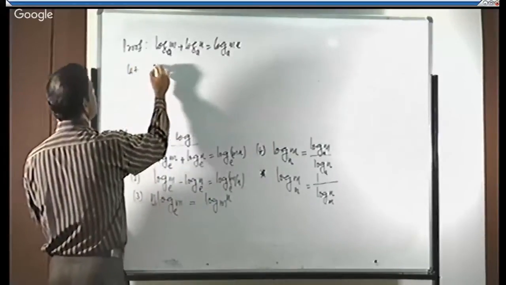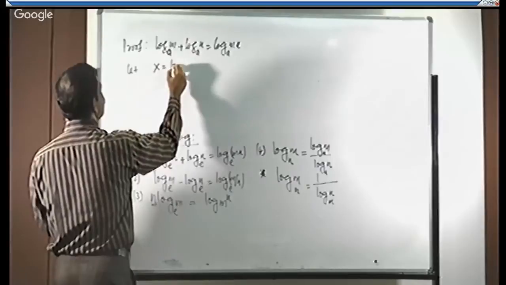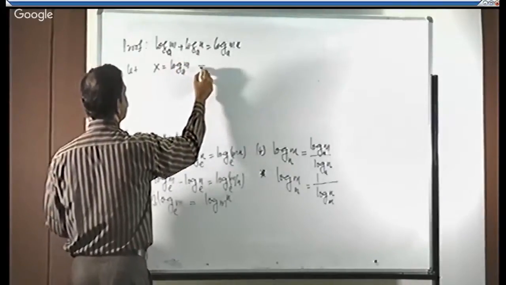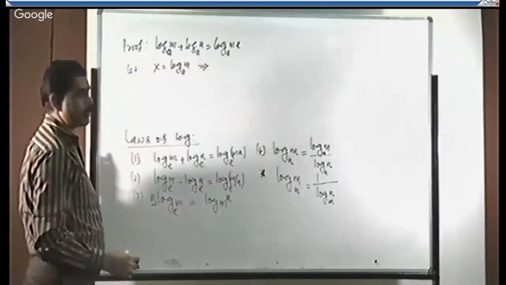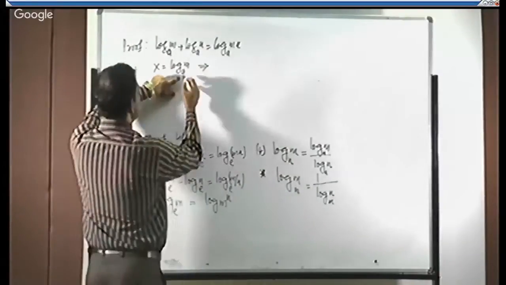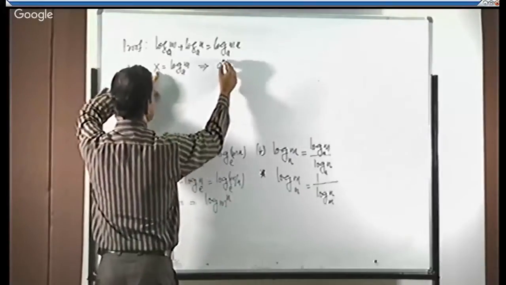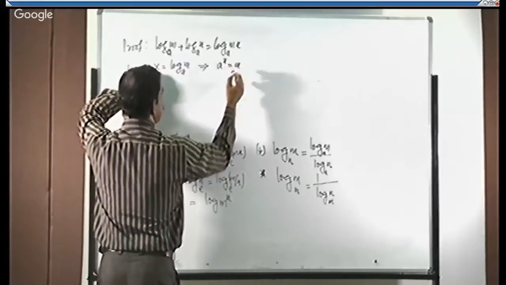Let x be equal to log of m to the base a. You just write its index form. What is its index form? Base a to the power of x is equal to m, correct?